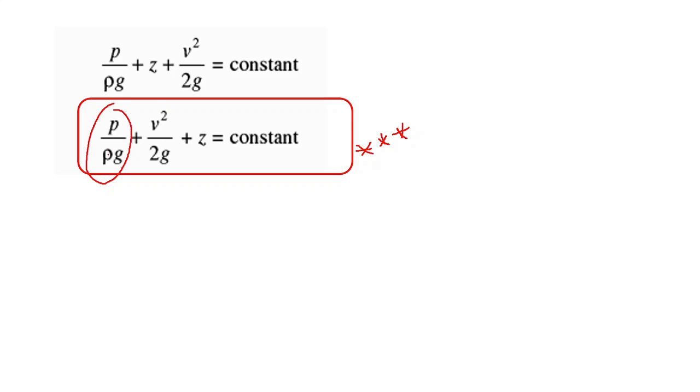This p by rho g is called pressure energy. This v square by 2g is called kinetic energy. And z is called potential energy. All are equal to constant.